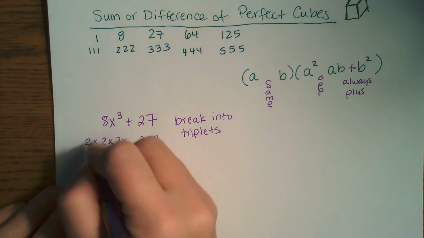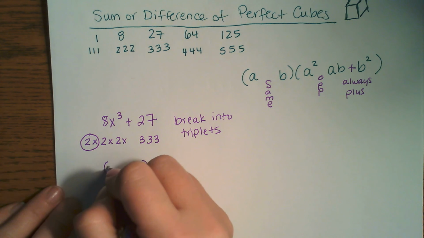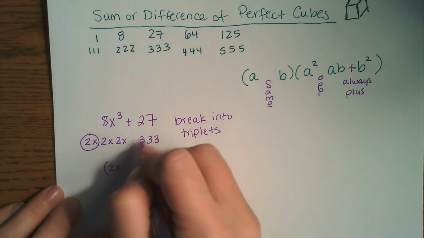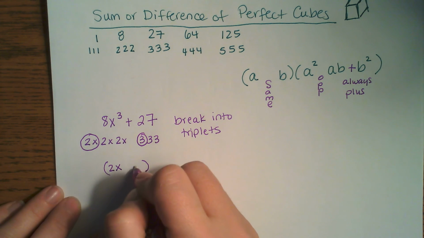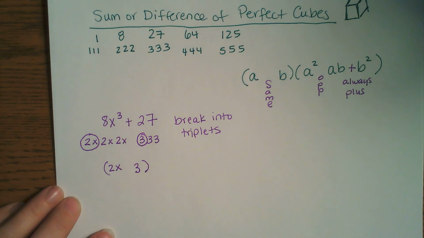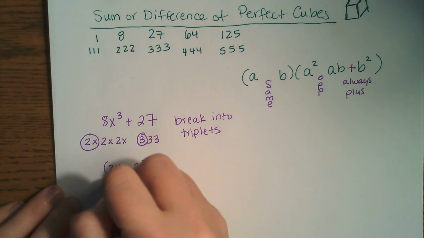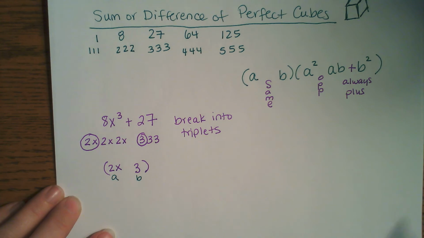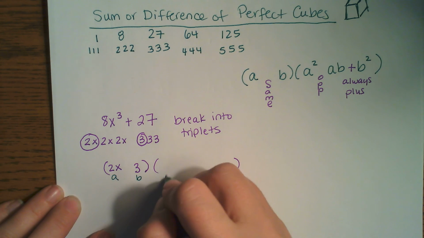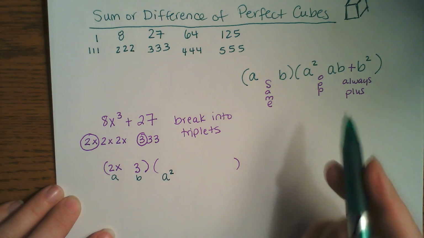So that gives me the A and the B. So now the next part is A squared.